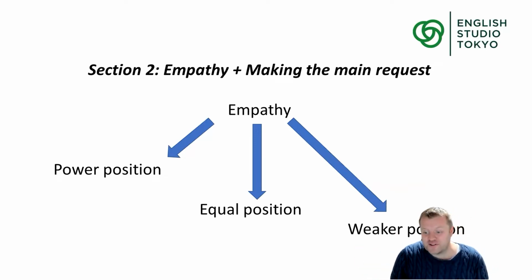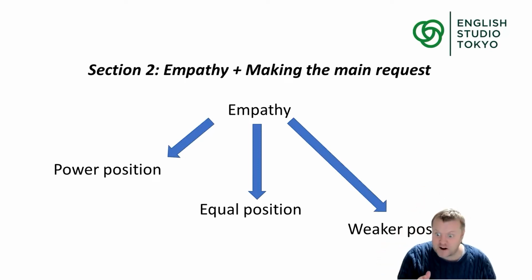So even if you're the CEO of a company, if the request is huge, then maybe you're in a weak position. If you are the CEO of a company and it's a small request, it's an easy request, then you're in a power position. So we need to think about our nuance of request on two dimensions.